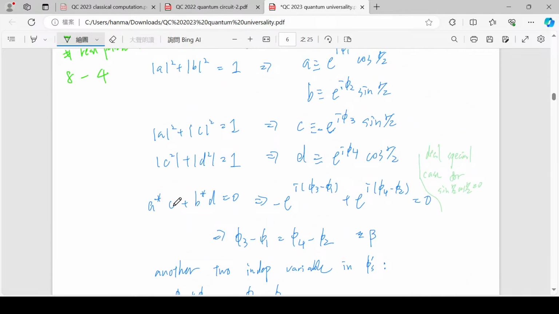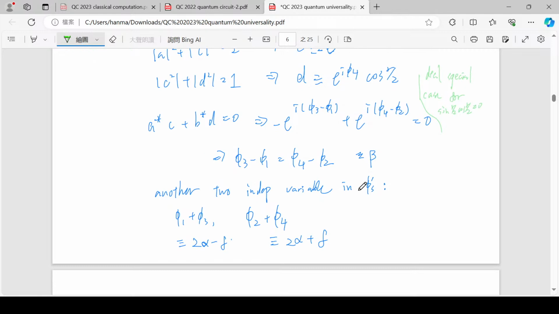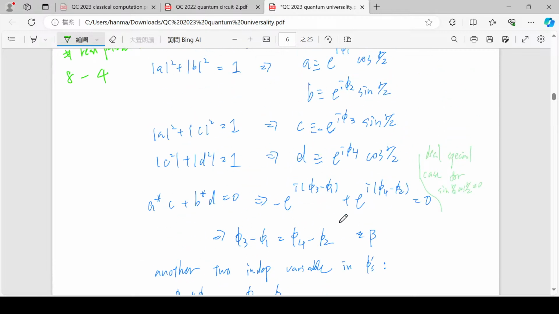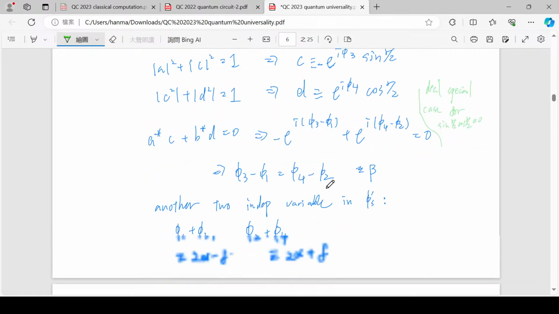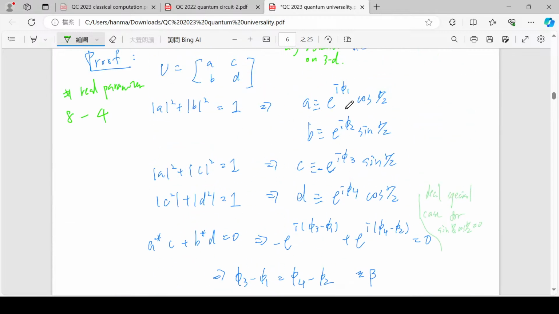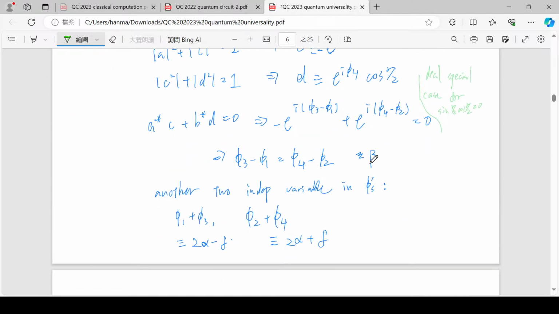And then there are other independent variables on this phi. Okay, so we have one relation on this phi, and so we parameterize those 4 phis with 3 parameters. We have those two differences equal to beta. So the difference between phi 1 and phi 3, and the difference between phi 2 and phi 4 need to be fixed.